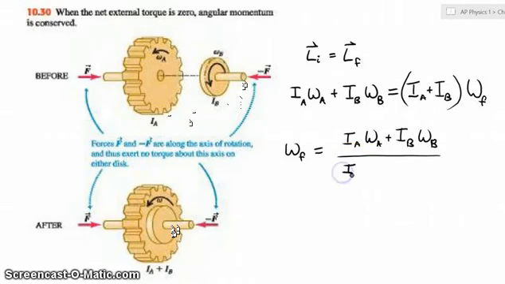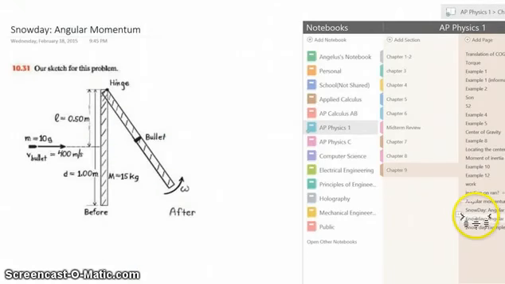We had an equation that had a very similar form. So there we go. That equation would give us the final angular velocity of the gears once they get stuck together. Let's try another problem that involves a collision that's not quite as straightforward.